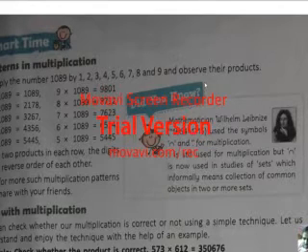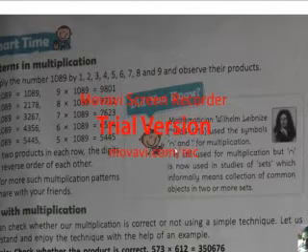So if you will see over here, here is a Do You Know section. Mathematician Wilhelm Leibniz, born in 1664 and died in 1716, used this symbol, which generally we say intersection, for multiplication.